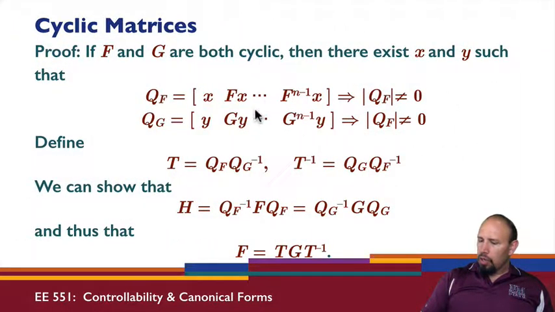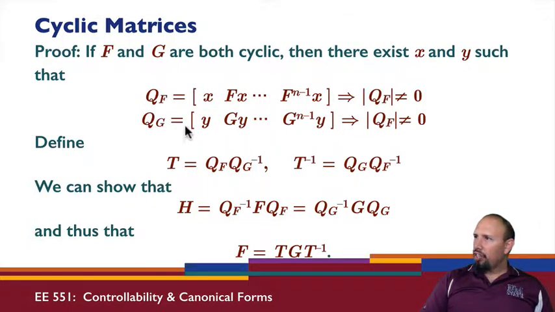So we start off with F and G both being cyclic. That means there's some X and Y so that this matrix involving F is non-singular. This is like a controllability matrix involving F and X. This is like a controllability matrix involving G and Y, and that should say QG, not Q0.